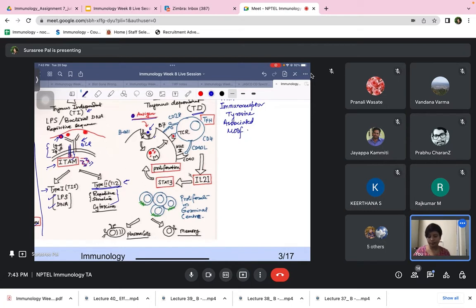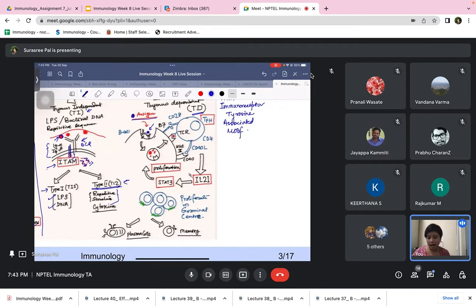And once this takes place, you know that the B cells are antigen presenting cells, so they can phagocytose foreign pathogens, right? So this cross-linking of the receptors with the antigen actually helps the B cell to phagocytose this entire complex.